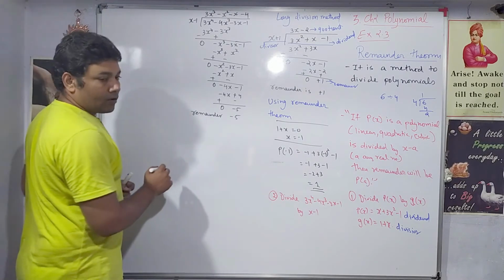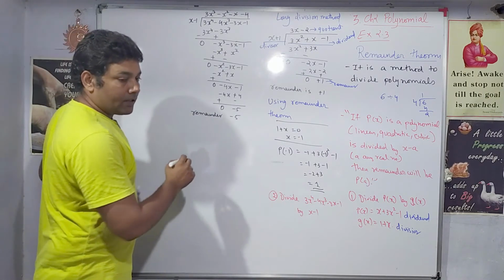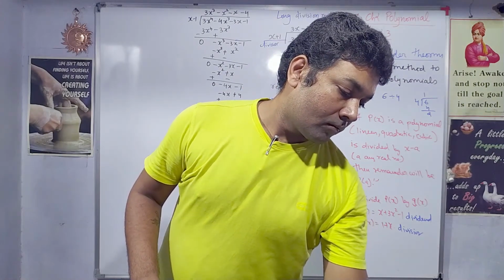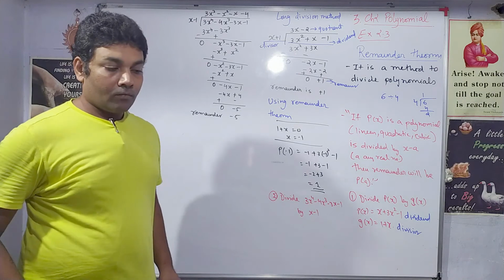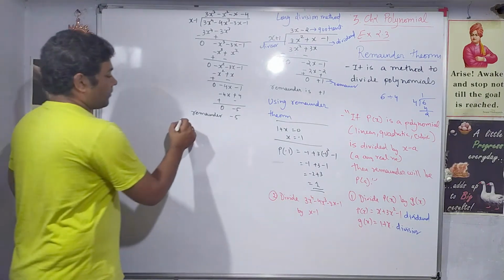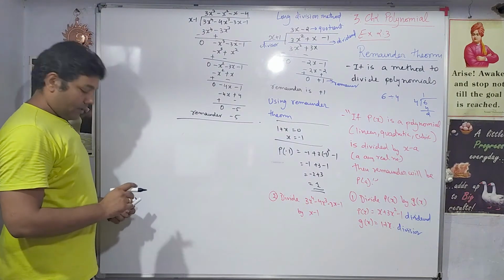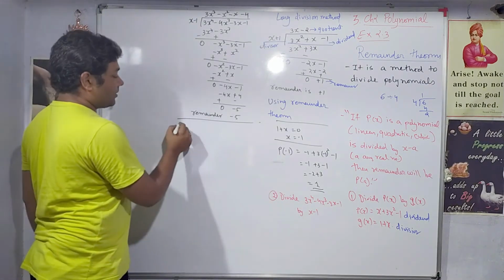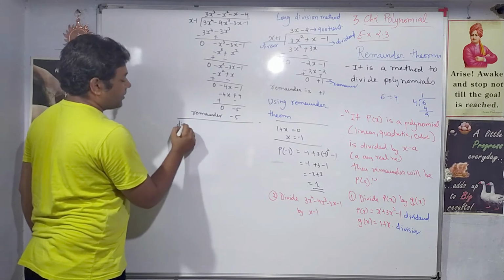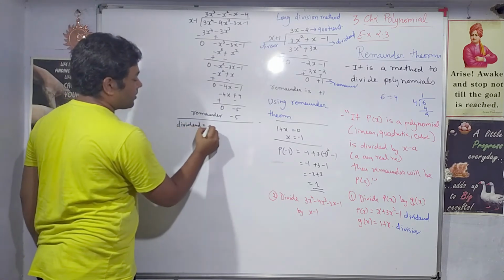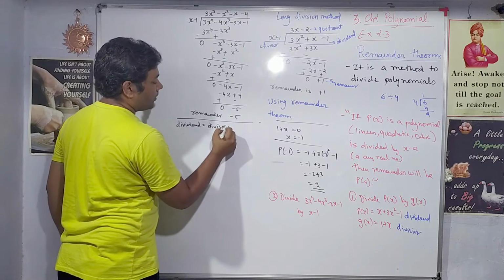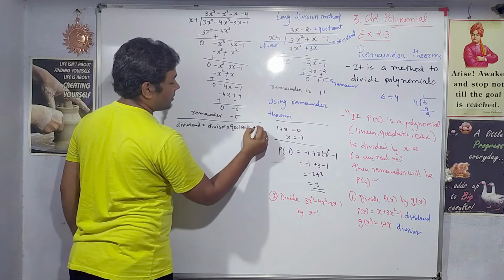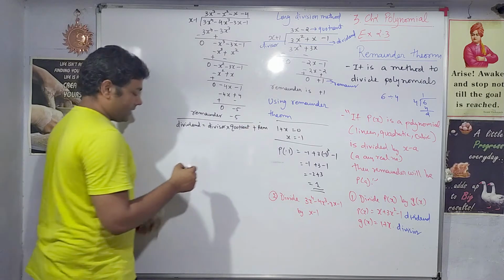Answer you can also write down in this format. What format? Dividend is equals to divisor into quotient plus remainder, right?